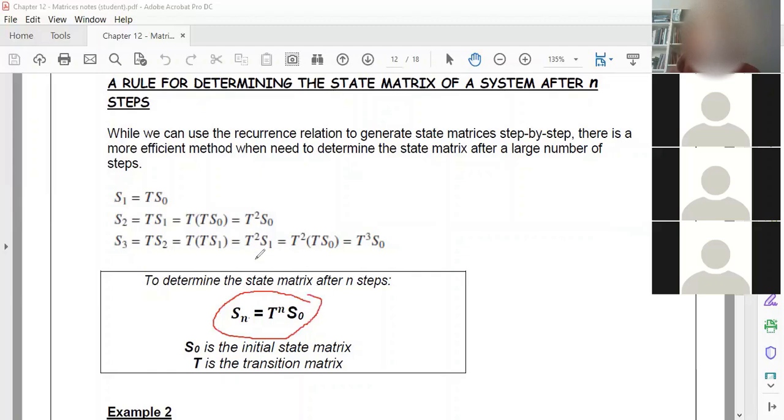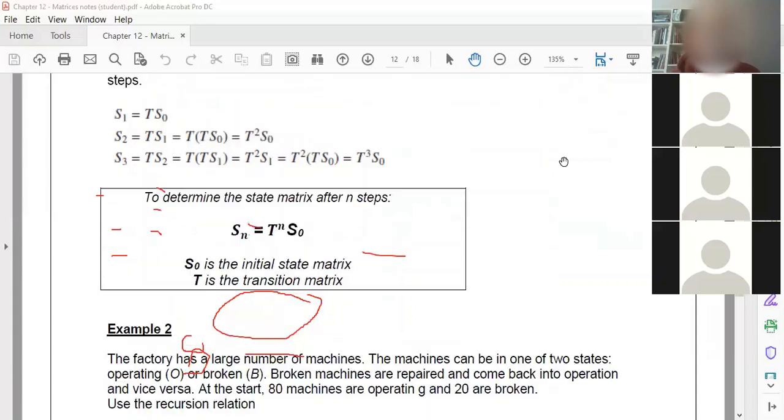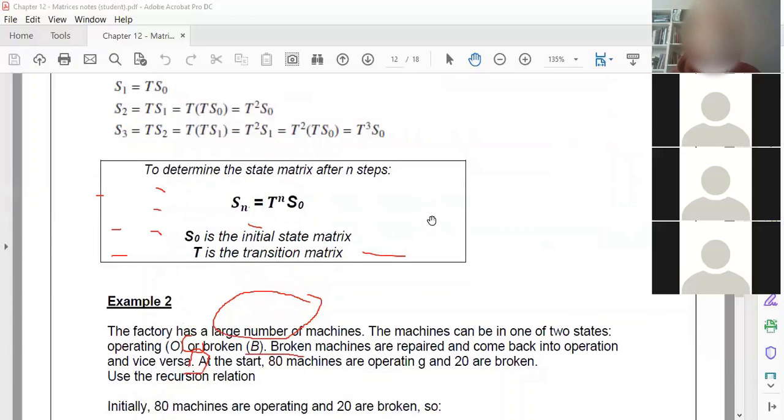This is the rule, because look, if we did S1, we did T times S of 0. Then S2, we did T again times S of 1. Then S3, we did T again times S of 2. So really, this is what we're doing, so we can change this rule to this. T will always be the transition matrix, and S of 0 will always be the initial state, the original that they give us. So that's what we're going to use from now on.